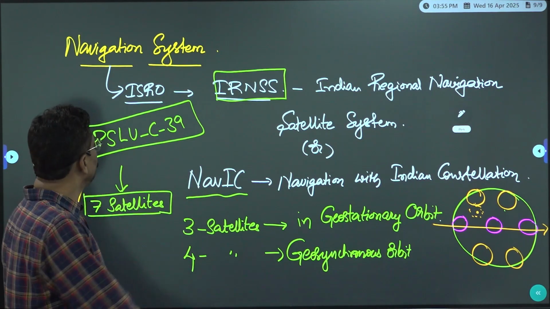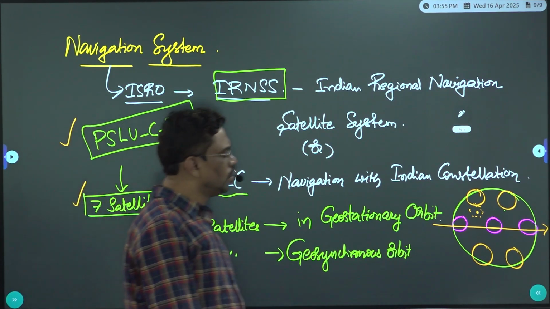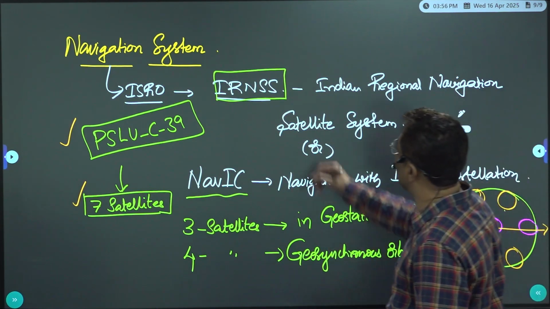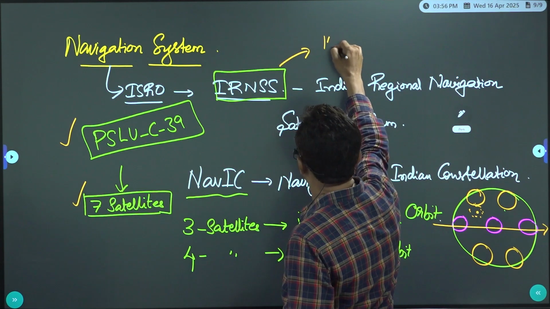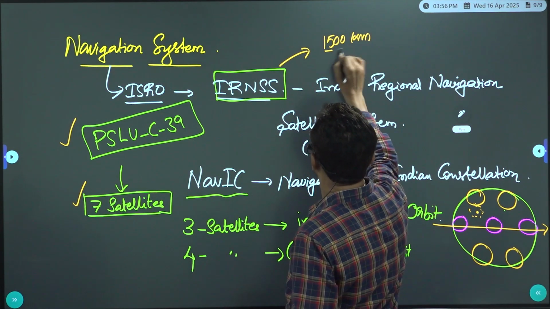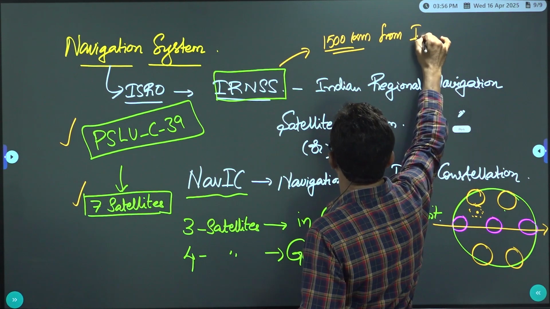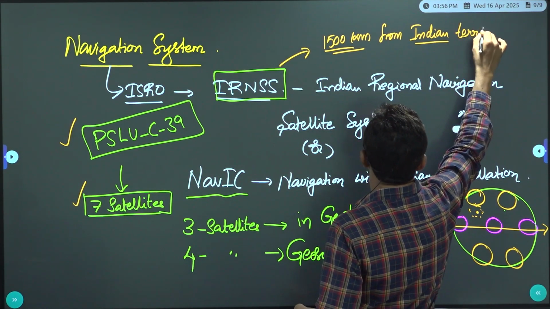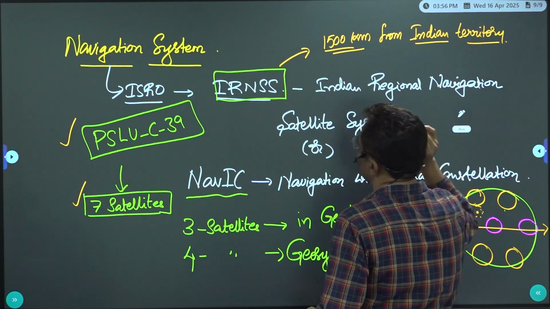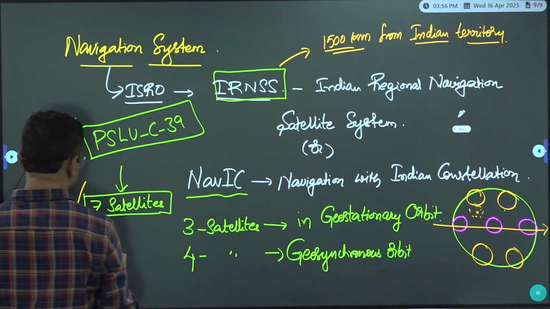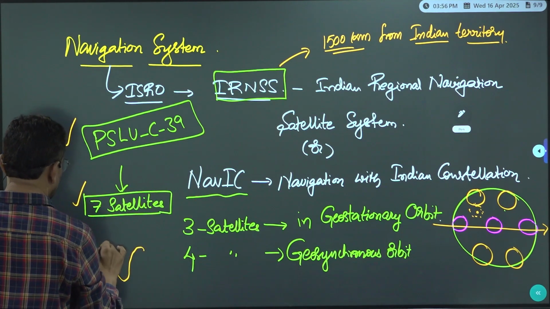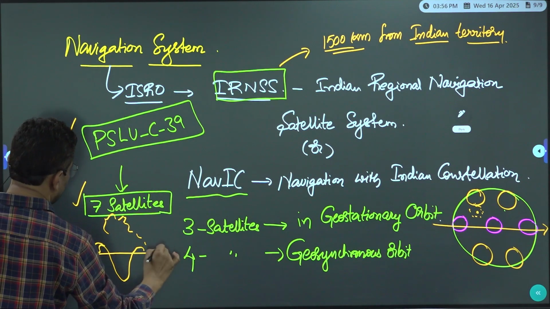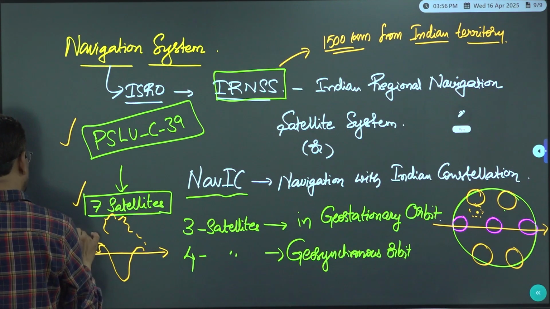PSLV C-39 rocket was used. And what is the range of this IRNSS? It has a range of nearly 1500 kilometers from Indian territory, so it covers the Indian region.